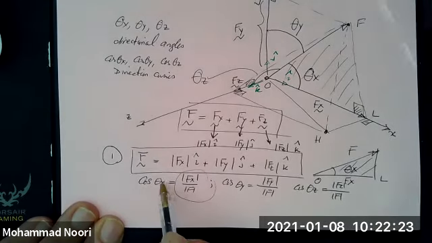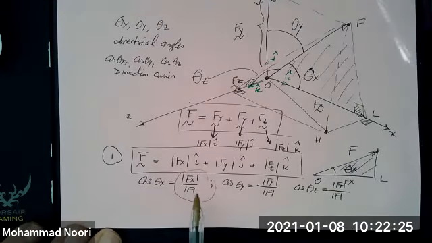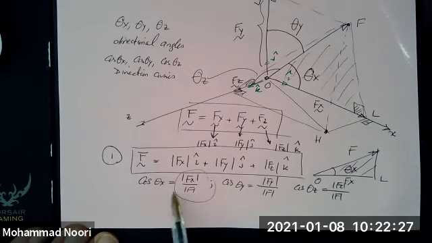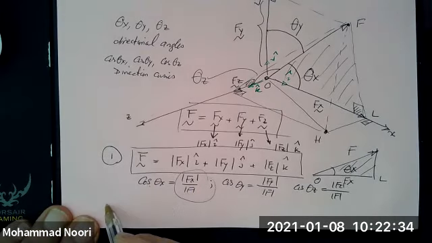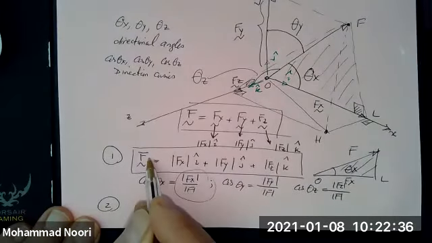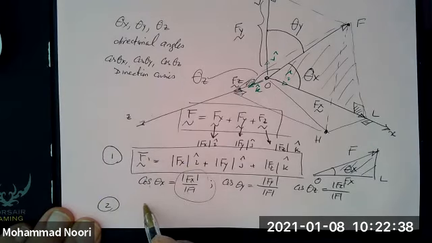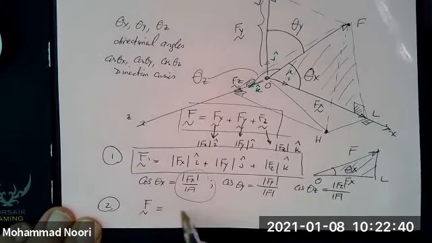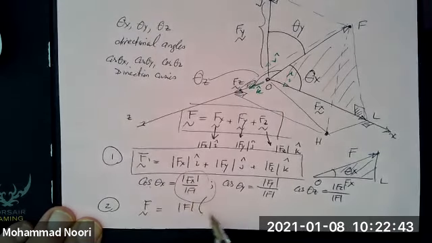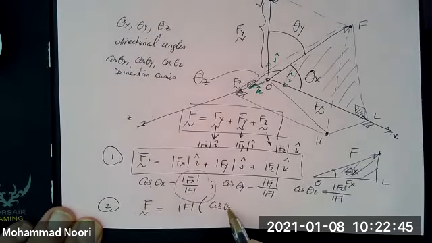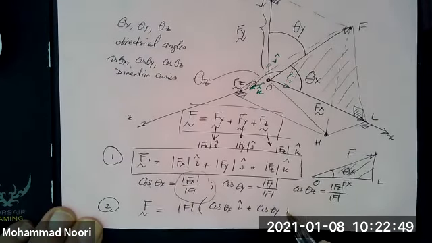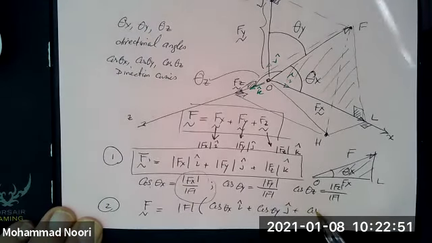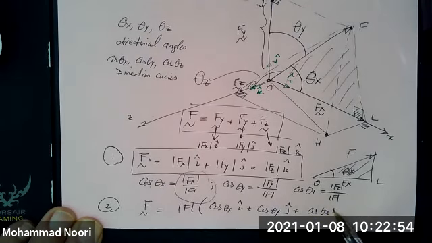Therefore, if you substitute these into this equation, that is, for instance, f of x is cosine theta x times f, f sub y is cosine theta y times f, and so on, you can write that relationship in an alternative form, which is this: cosine theta x i plus cosine theta y j plus cosine theta z k.